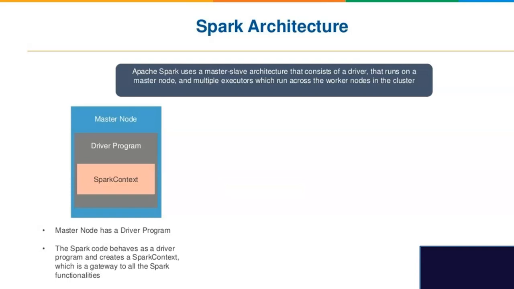If I talk about the Spark architecture, Spark follows a master and slave architecture, so it has a master node, a driver program that drives the process, and a Spark context.